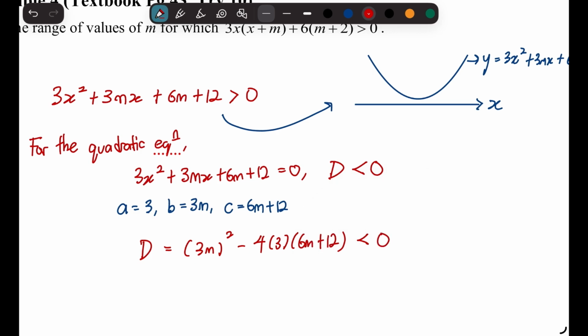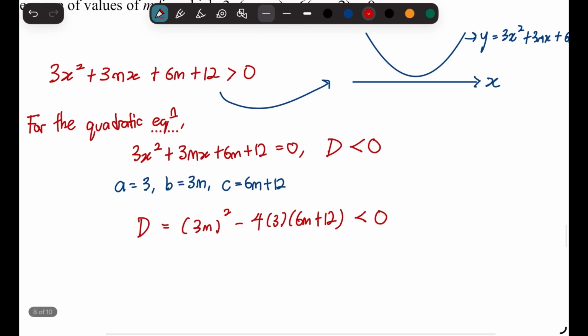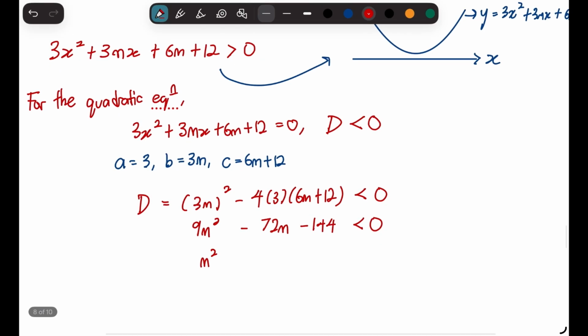Then now I simply need to simplify the left-hand side of the quadratic inequality. 9m squared minus 72m minus 144 less than 0. Then I continue simplifying from here. Dividing by 9, so I can make this quadratic inequality easier to solve. m squared minus 8m minus 16 less than 0.